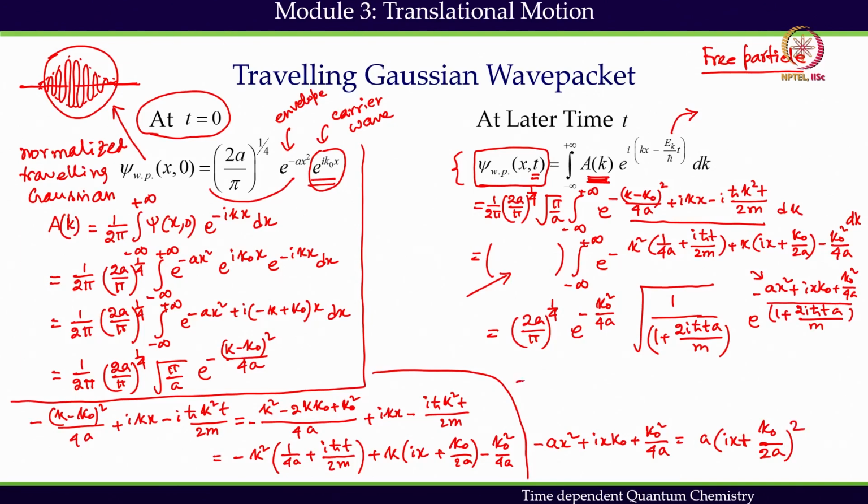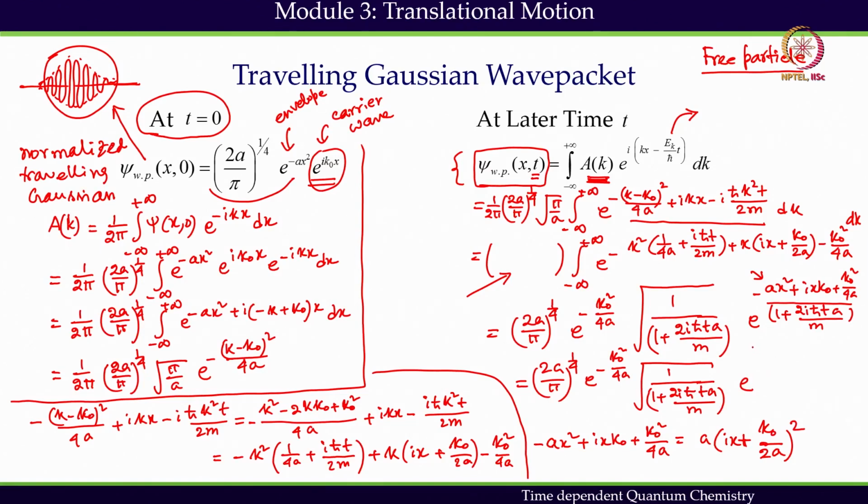So if we do that, then I'll be able to get the final expression for the Wavepacket as 2a by pi to the power 1 by 4 e to the power minus k naught square by 4a, then square root of 1 by 1 plus 2i h cut t a divided by m, and then exponential part I can write down this way.